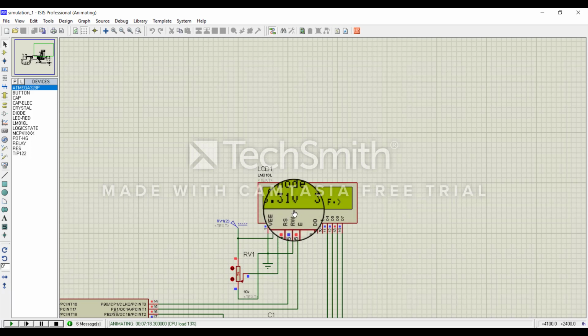So it reached 8.31. Once it reaches above 8.4, that is 4.2 into 2, the charging will automatically cut off. Yes, it has almost reached 8.4 volt.